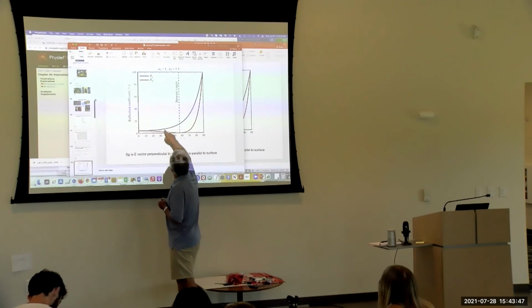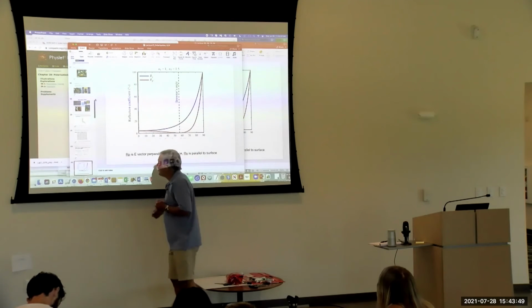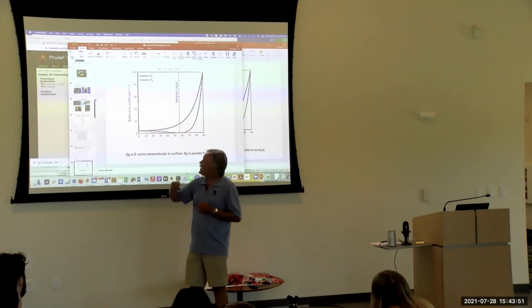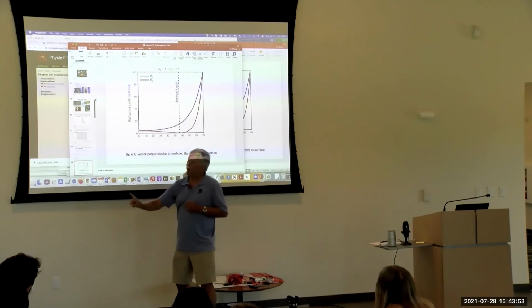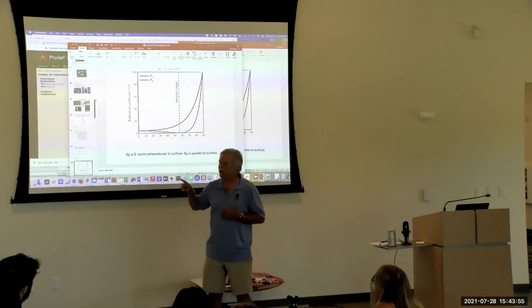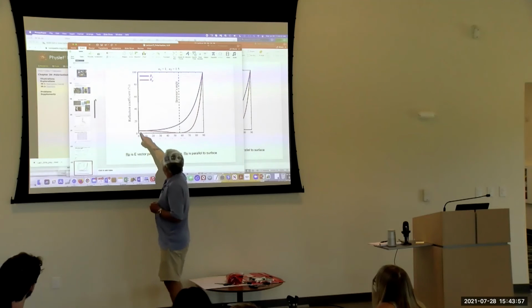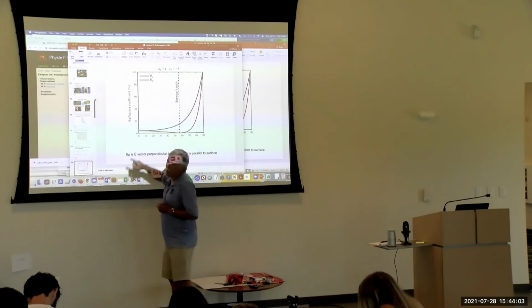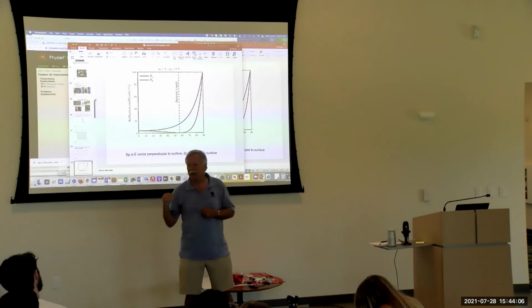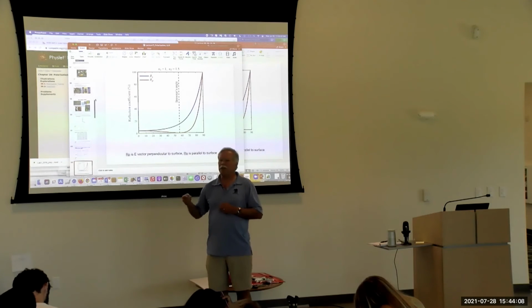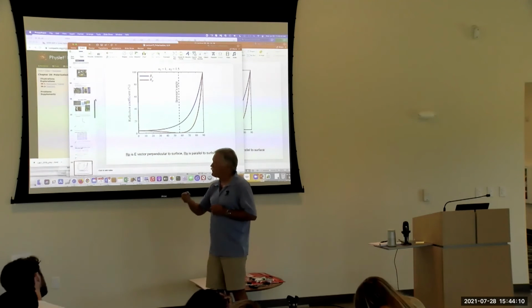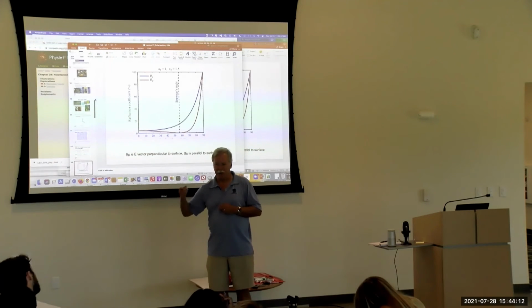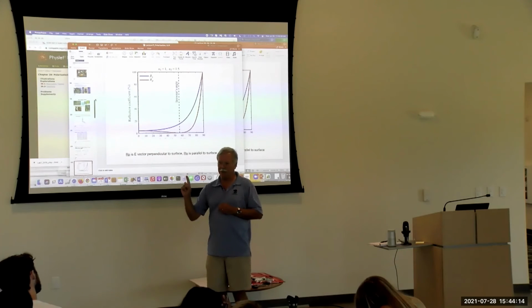The blue is the light polarized horizontally. The P is the light polarized perpendicular to the surface. You notice that at one point the red curve, the perpendicular polarization, goes to 0, and that's Brewster's angle. At Brewster's angle, all the light reflecting off the surface is polarized horizontally. There's no vertical light.